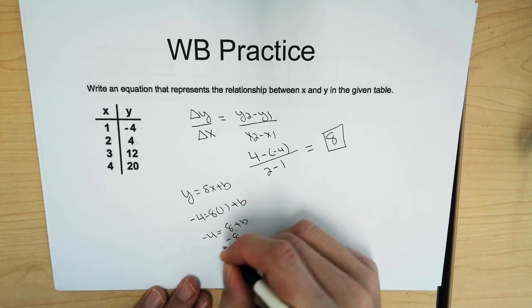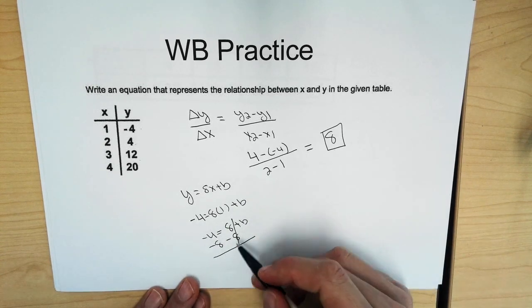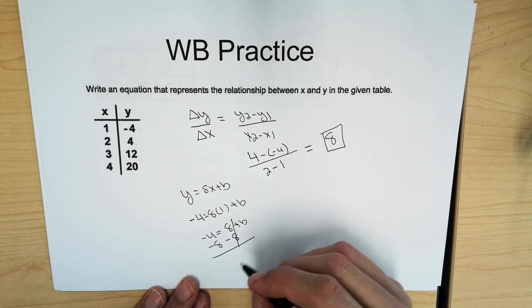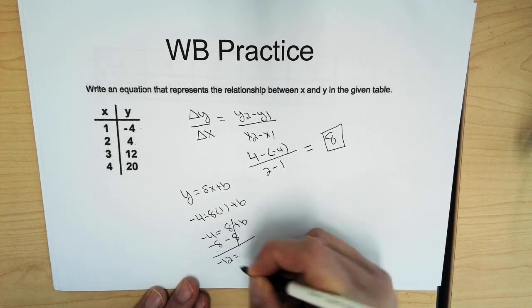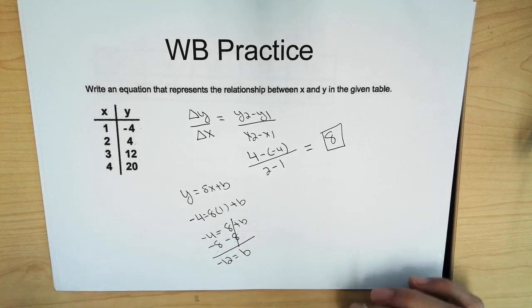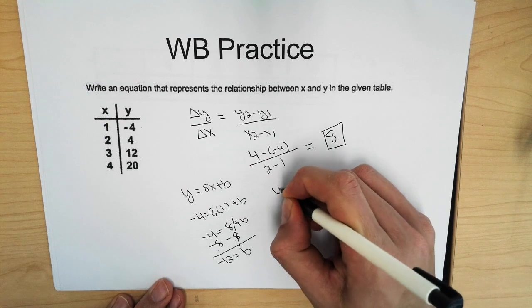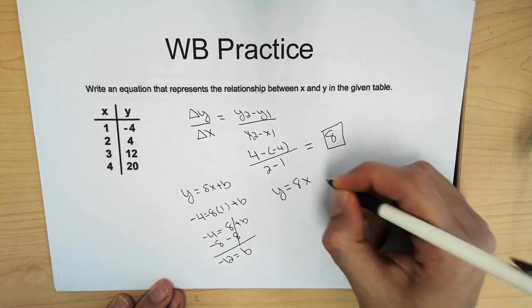Now I'll minus 8 from both sides because I have an equation here. Whatever you do to one side, you do to the other. Adding 8, so I'll minus 8. Minus 4 and a minus 8 is equal to minus 12. So my equation is y is equal to 8x minus 12.